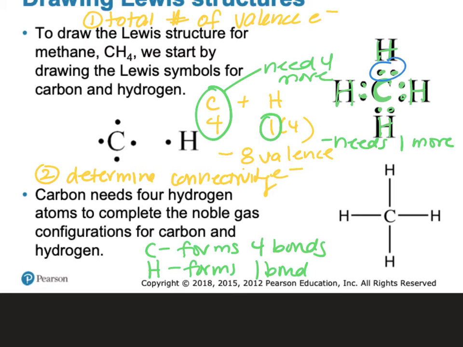We have 2, 4, 6, 8. I'm sorry, the third step was to make sure everything has an octet. Well, everything has an octet here. We have 8 valence electrons total, so our Lewis structure is good. Now, again, we can represent it with just the dots or the bonds. I prefer the bonds when we have what are called bonding electrons that are between atoms. For me, the bond is preferred, but if you like the dots, you can use the dots.